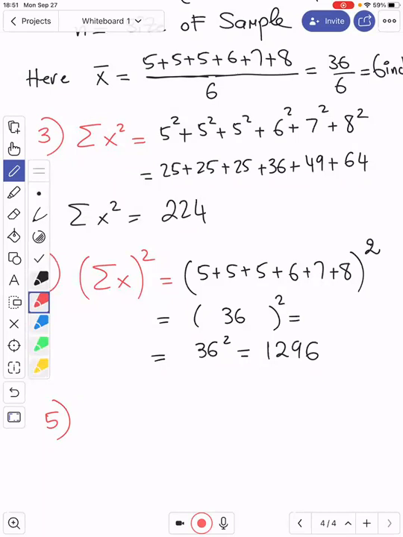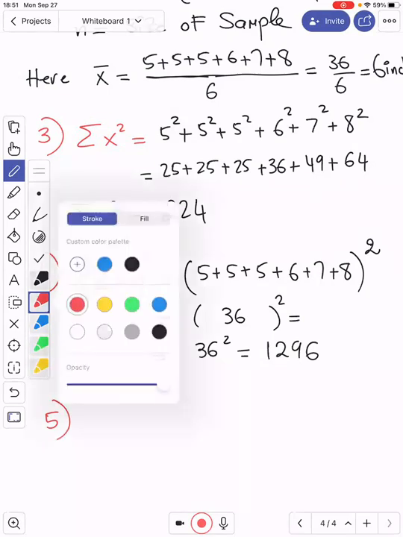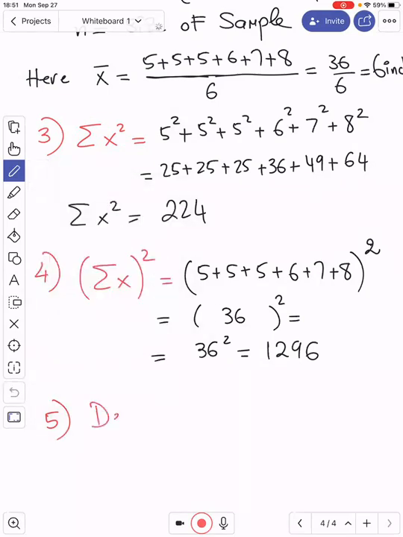I'm going to give you the definition of the sample variance here. So the variance, the sample variance.